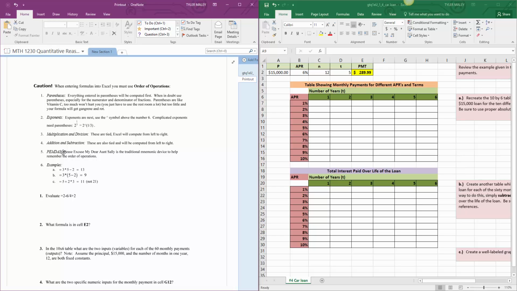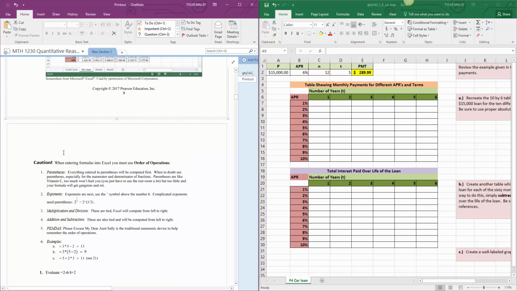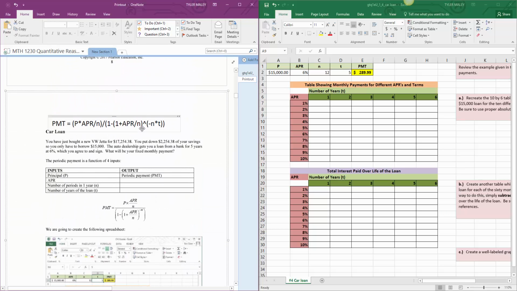And then also, if you have a complicated exponent that you want to put in, so for example, our exponent was a negative number times another number. I put parentheses around that, right? Parentheses around the negative n times t, which you can see here. These parentheses around negative n times t.